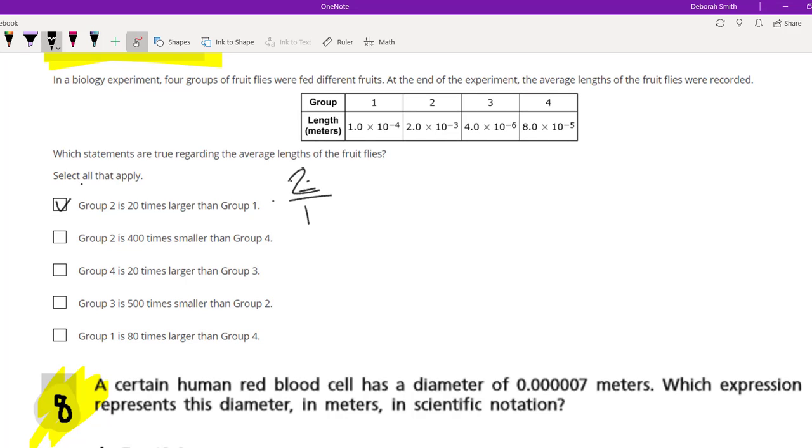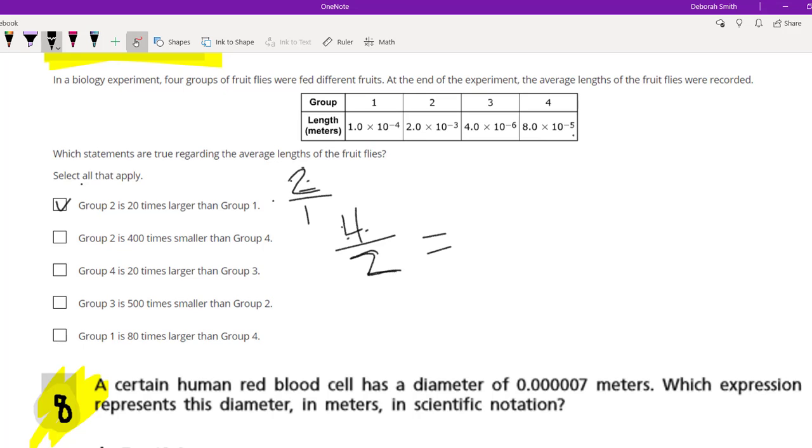Group 2 is 400 times smaller than group 4. So I'm going to divide group 4 by group 2 and see if I get 400. And if I do, I'm going to pick it. And if I don't, then I'm not.